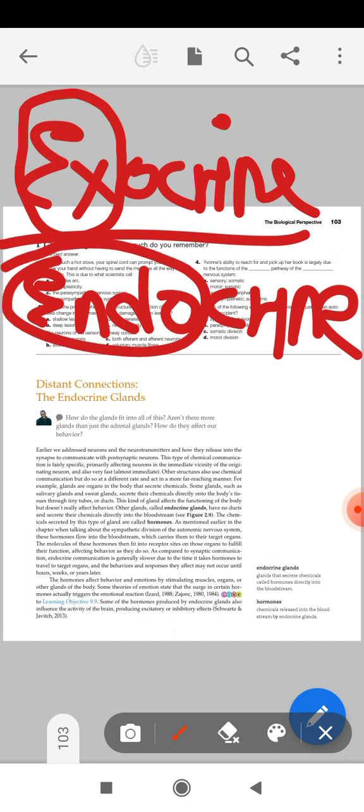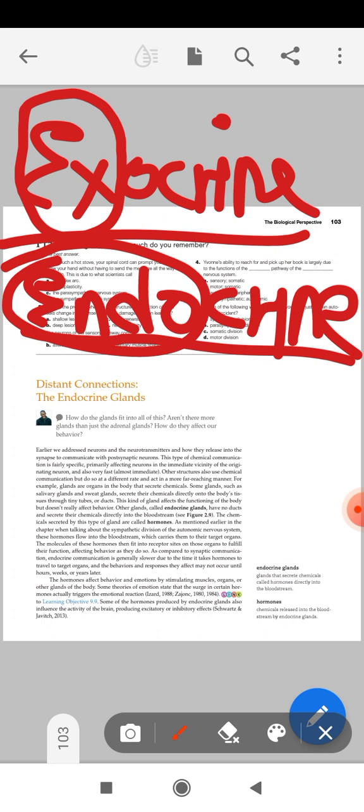Exocrine gland means when any organ or any part of any gland is releasing its hormone or its material via any tube, such as our sweat glands or our oil glands which are present in our skin. But endocrine glands are the glands which secrete their material or chemical or hormone directly into the blood, such as the pancreas, our pituitary gland, adrenal gland, and there are so many glands about which we will study.